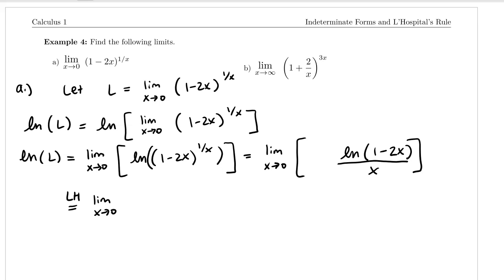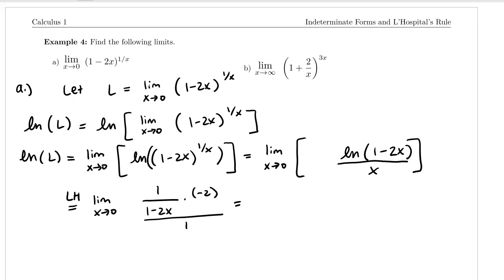The derivative of the numerator is 1 over 1 minus 2x, and then I need to use chain rule and multiply by the derivative of the inner function. And then the derivative of my denominator is equal to 1.